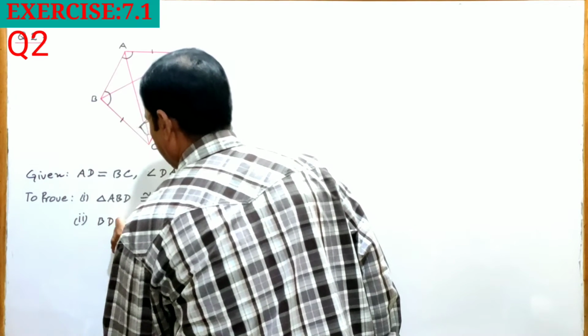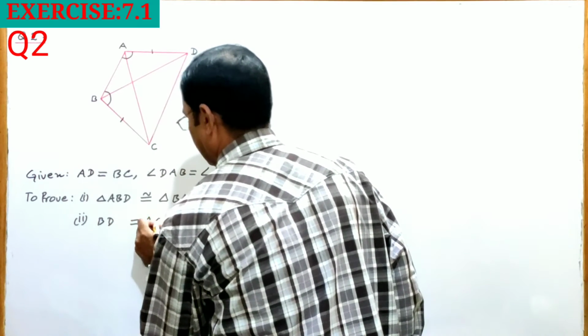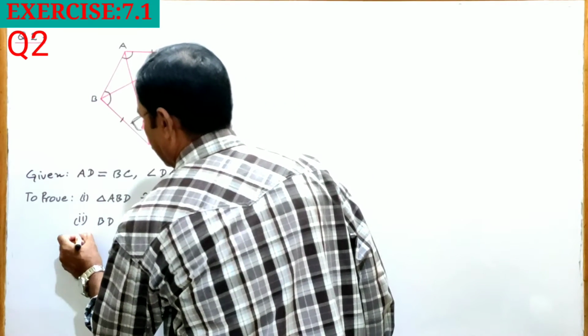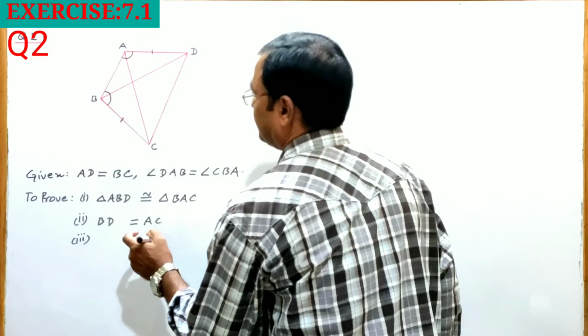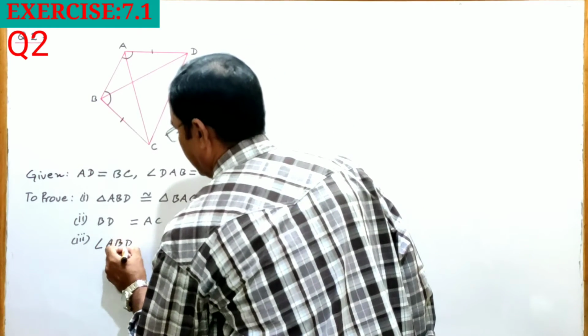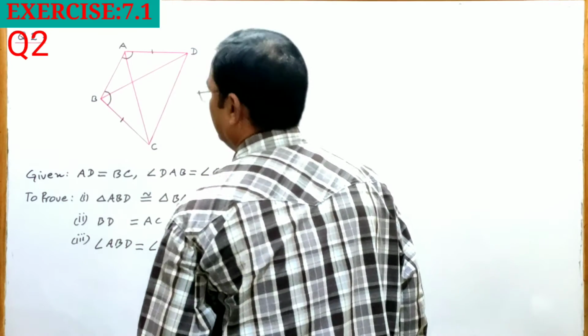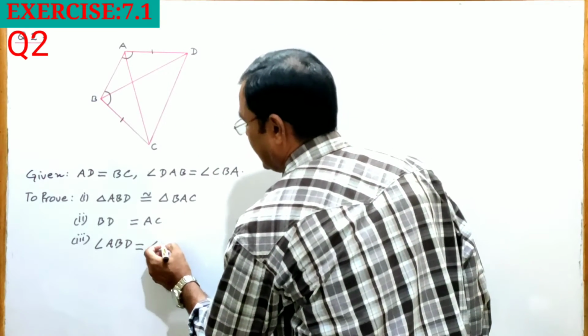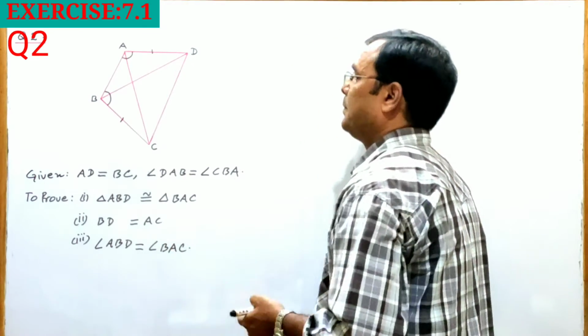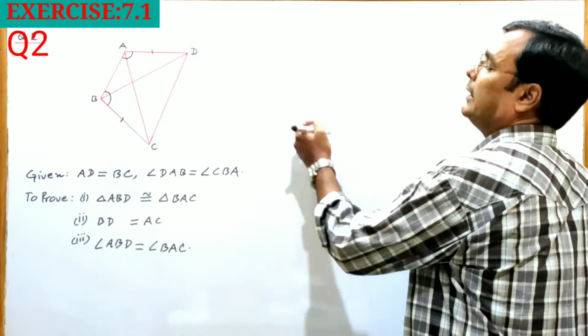BD is equal to AC. And the third part that we have to prove is angle ABD is equal to angle BAC. Let's prove.